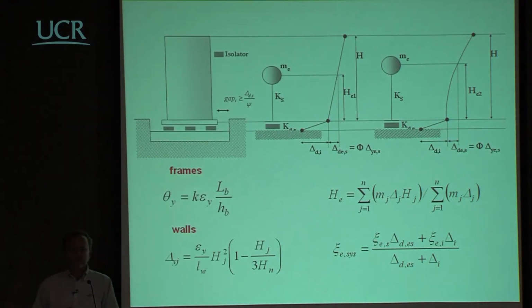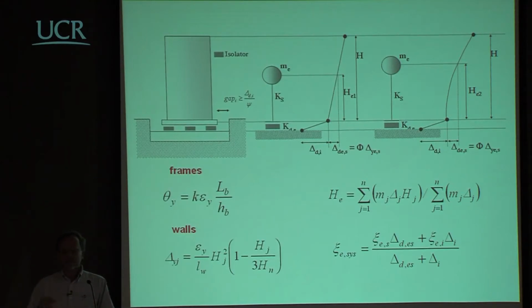So what you do is to say, well, I have the building up there, I already know the geometry. If I know the geometry, I know the yield displacement of that building. Now, I want to protect the building with my isolation system. So I want that the shear force in the building will be lower than the yield shear force in the building.